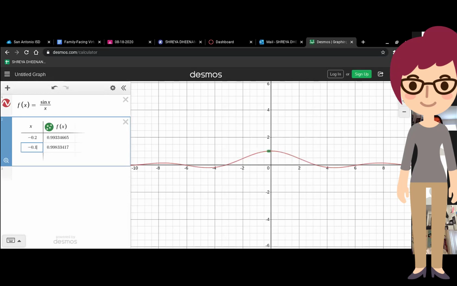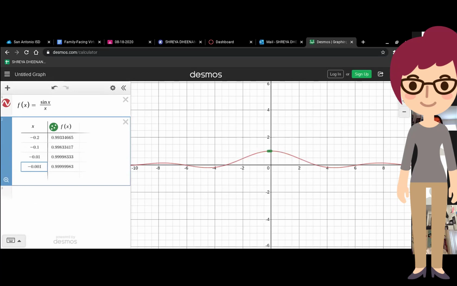And then write 0.9983. And then write -0.01. 0.999, and then one more, -0.001. And then put 0.99999.